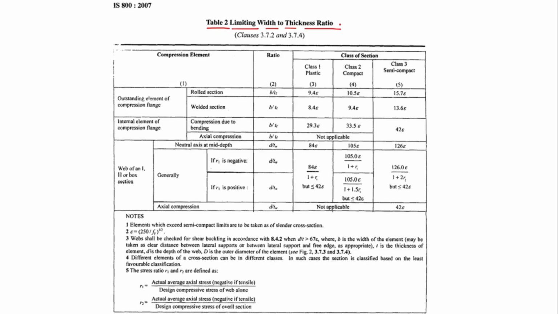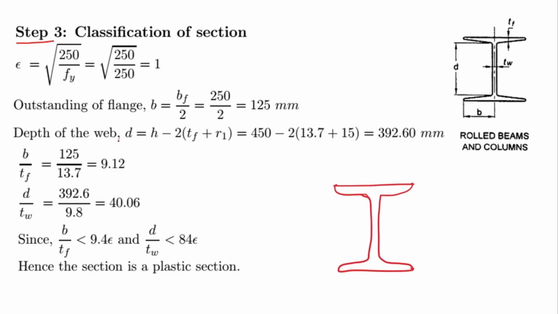Based on the width to thickness ratio, we have to classify the section into which class it belongs. So first of all, you have to calculate the epsilon, which is 250 by Fy whole to the power 1 by 2. That means root over of 250 by Fy. Here the yield stress Fy is 250, so the value of epsilon is calculated as 1.